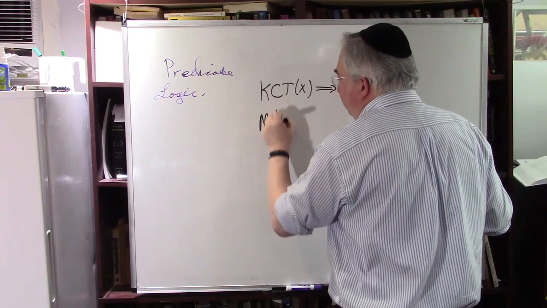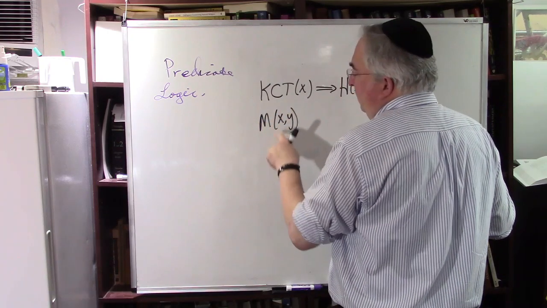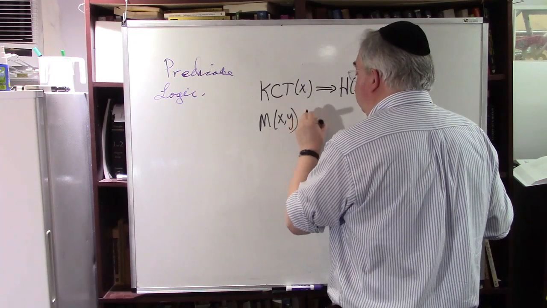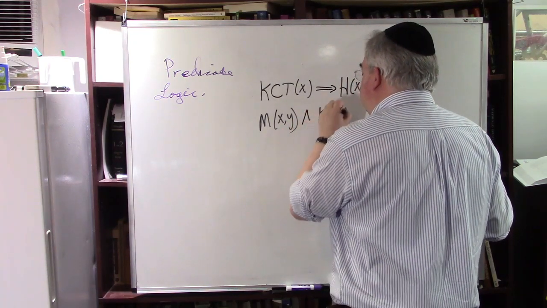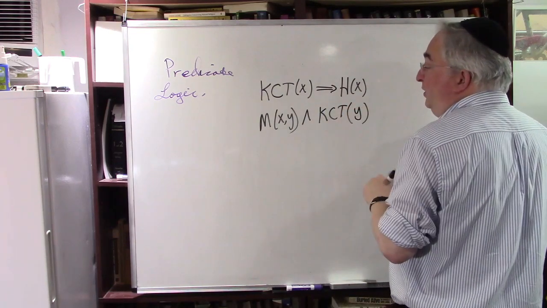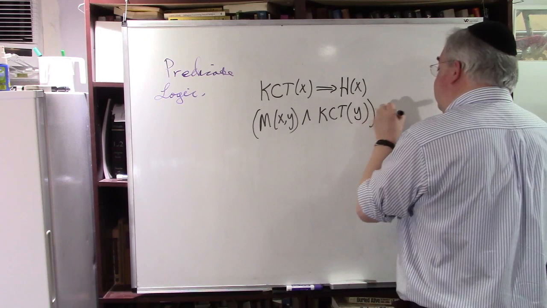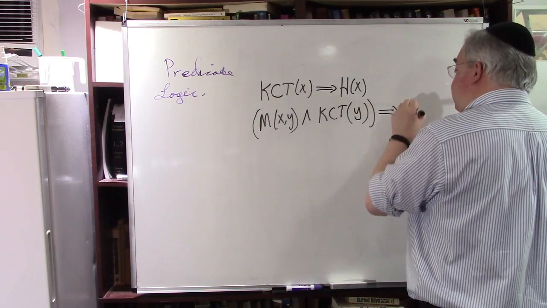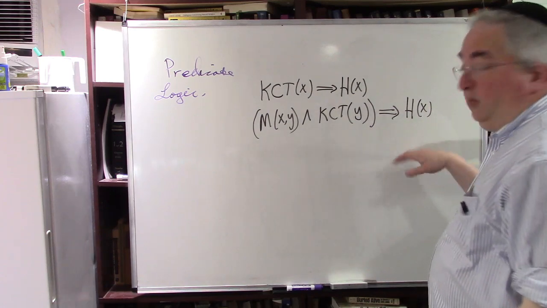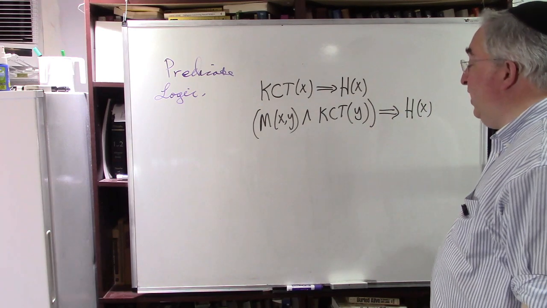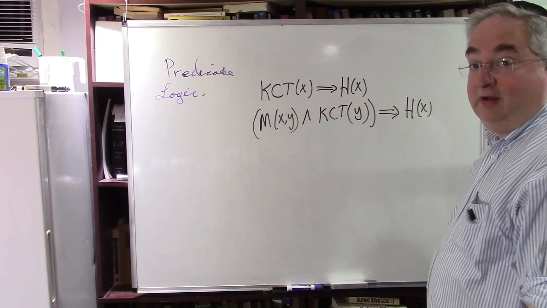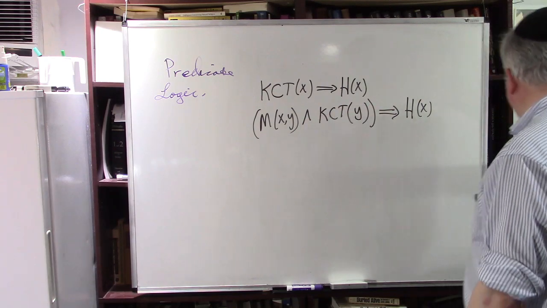If M of x, y, if x is y's mother, and K C T of y, y knows category theory, this implies that H of x. So everybody who knows category theory, their mother is happy because their child knows category theory.